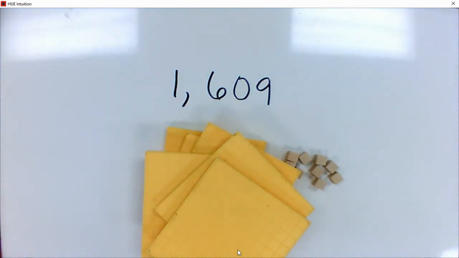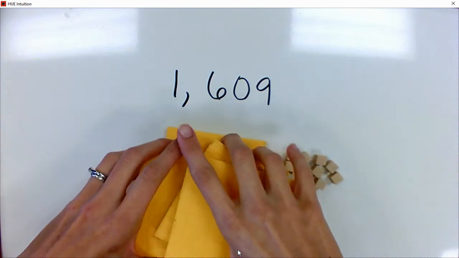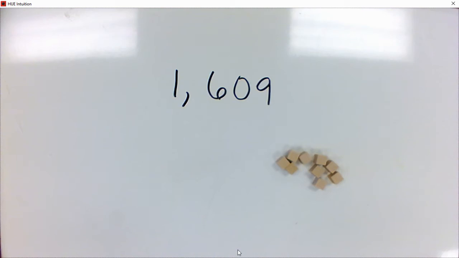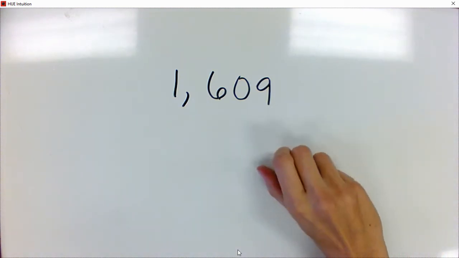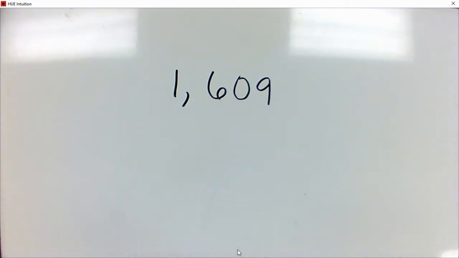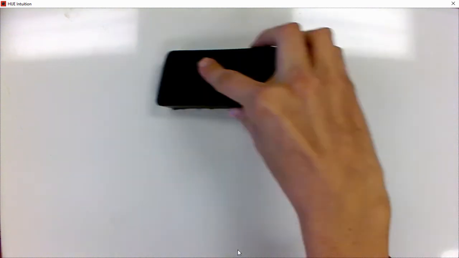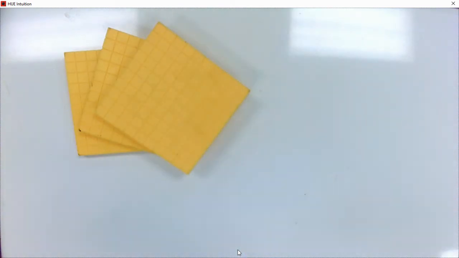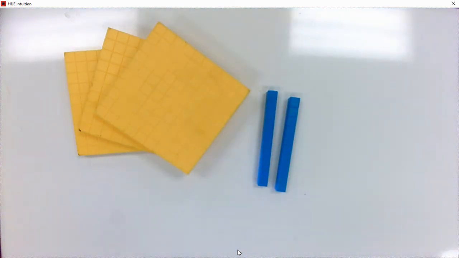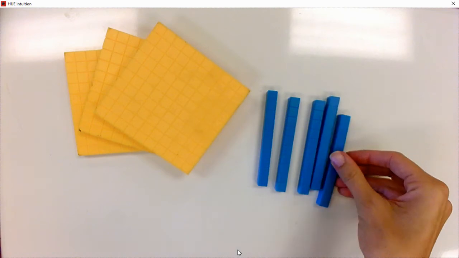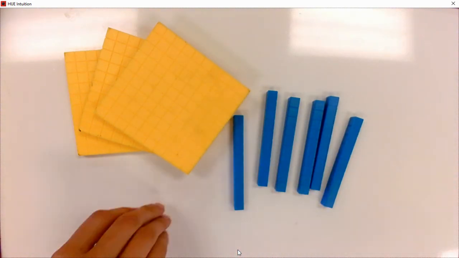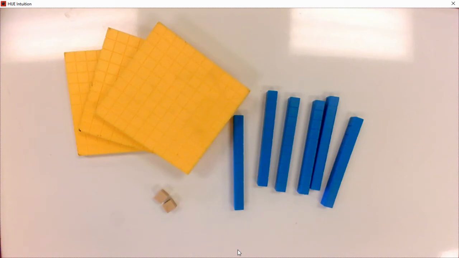Let's try going the other way. This time, I'm going to make a number out of the blocks and try to determine what number it is. Here's what I have. What number is this?